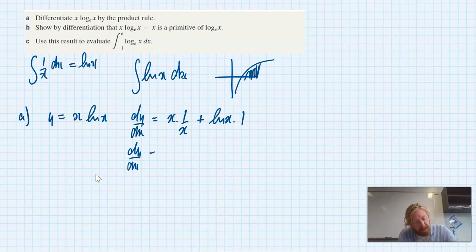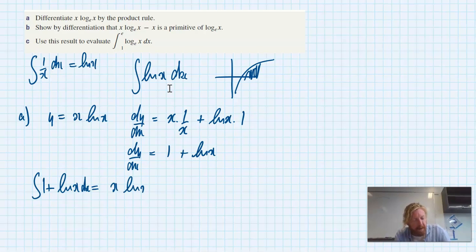Dy dx equals 1 plus ln x. Now it says show by differentiation that x log x is... I'm just going to do that same step that we always do. If the derivative of that is that, the integral of that is that. So the integral of 1 plus ln x dx equals x ln x.